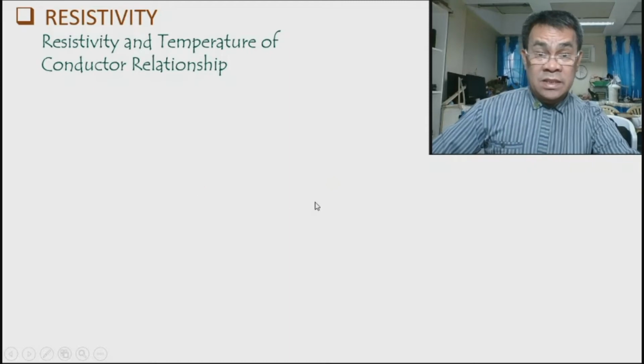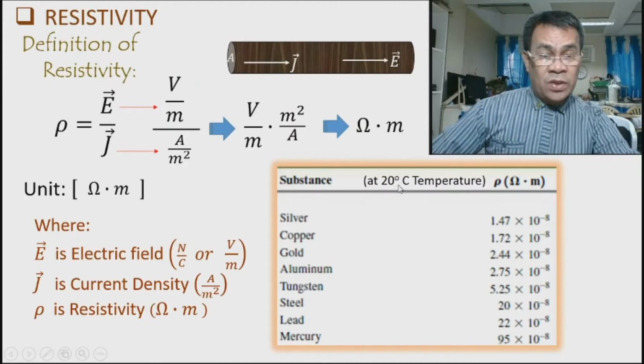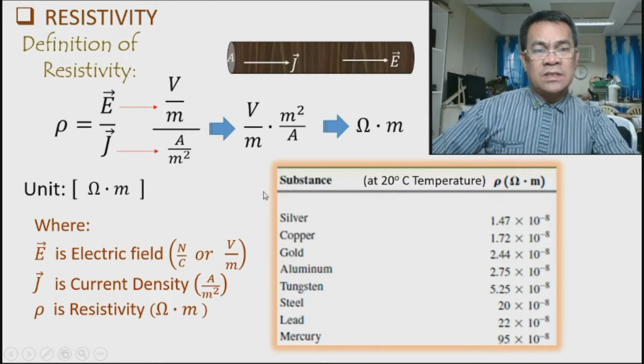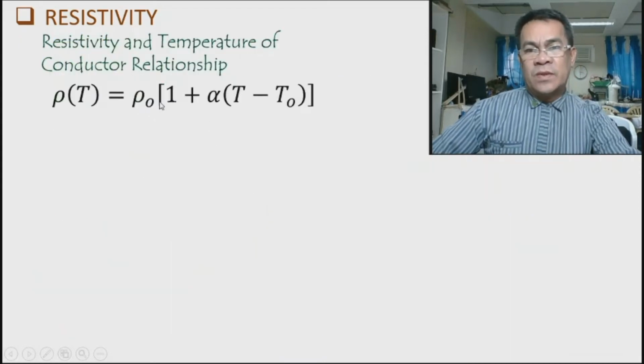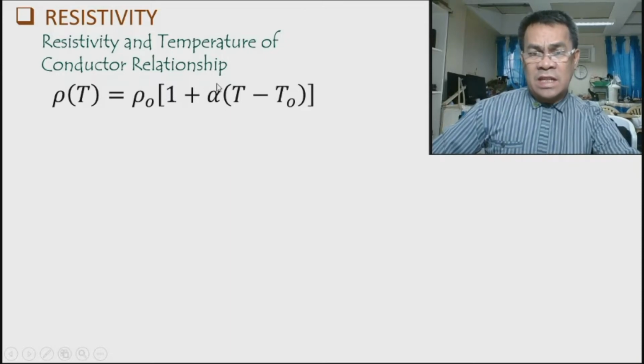Our reference is the 20 degrees Celsius data. So this is multiplied by 1 plus, this is an empirical formula, the temperature coefficient alpha multiplied by the final temperature minus the reference room temperature.